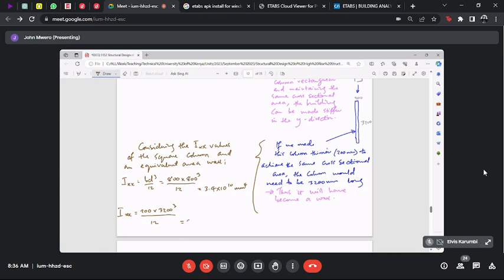We would have 5.46 times 10 to the power 11. Sixteen times.